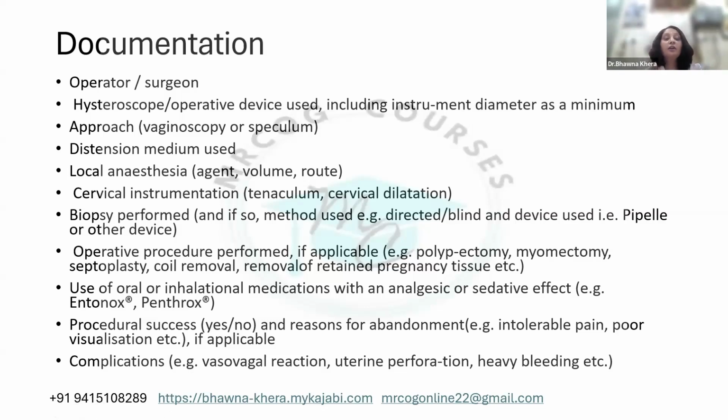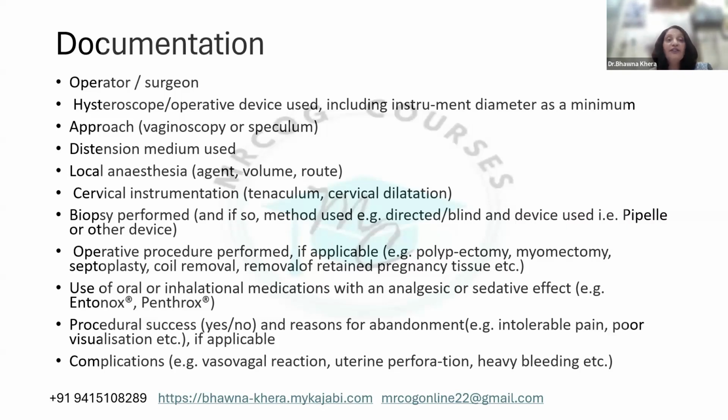Basically, the important thing is that we have to put down who is the operator, who is the surgeon, then the hysteroscope and operative device used, including the instrument diameter as a minimum. What was the approach, whether we did it by vaginoscopy or by speculum. The distension media which we used has to be added here, saline.